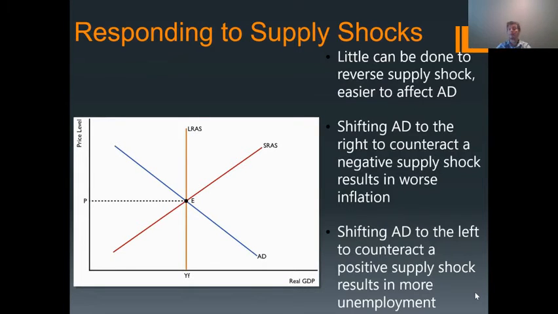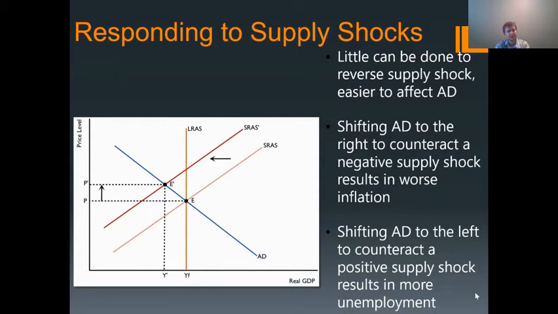Now, the problem though is what happens when you have a supply shock. So if you have a supply shock, especially a negative supply shock, positive supply shocks we're not too concerned with, because if positive supply shocks keep happening, that just will yield economic growth, and that's fine. However, a negative supply shock, that is going to cause the issue of stagflation.